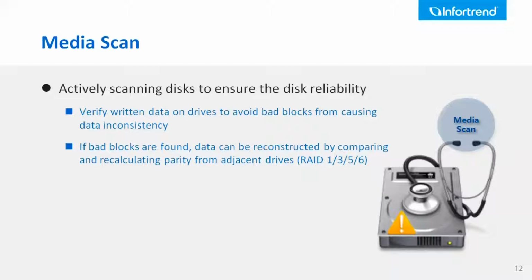If the system is busy, the media scan task goes to the background using minimum system resources. If the system is idle, the media scan task goes full speed. This automatic media scan priority adjustment ensures the best user experience by not disrupting production. Therefore, Infortrend focuses on IDR to ensure reliability and continuous availability.